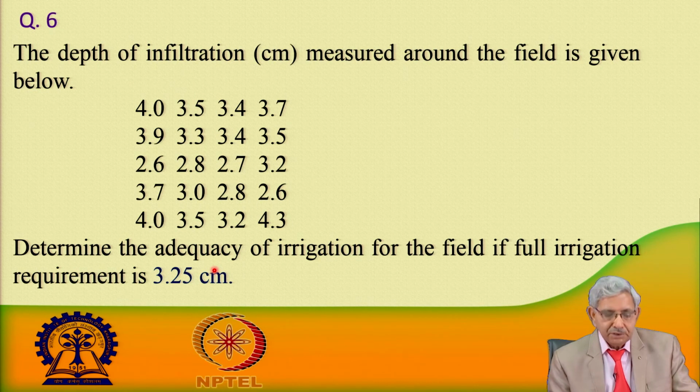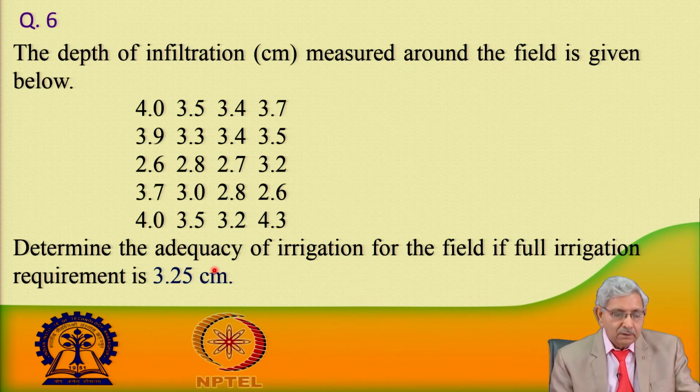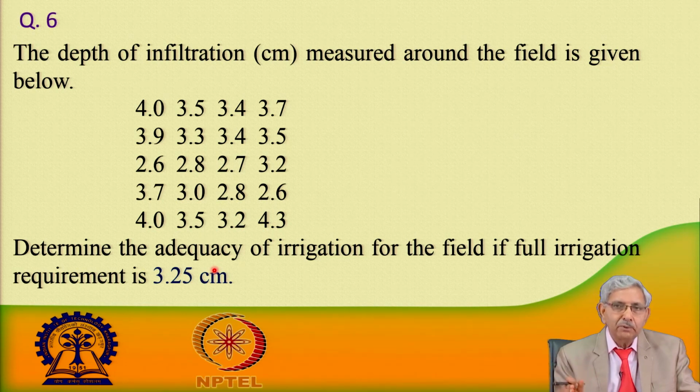In question 6, we are given the depth of infiltration measured around the field. This field is quite large, so when we divide the whole field, let us say into 20 grids, each grid is a certain percentage of the total area.